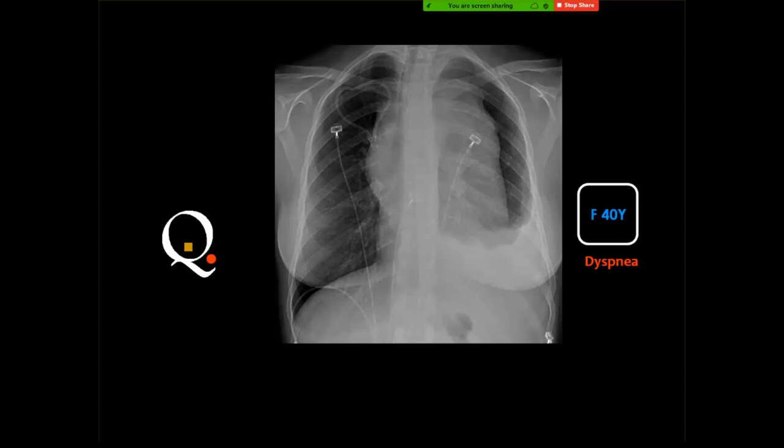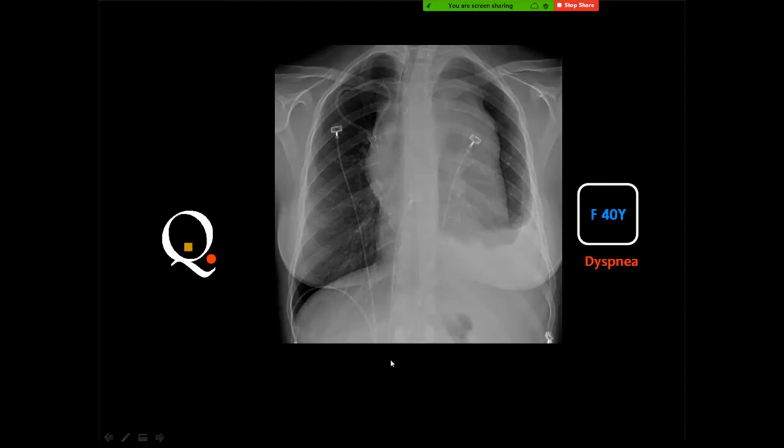Left side effusion. Pneumothorax. No. Mesothelioma. No. Left side. There is pleural effusion, okay, but you see this very big mass in the mediastinum.